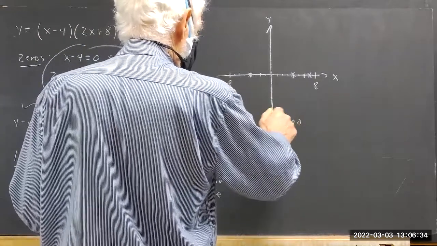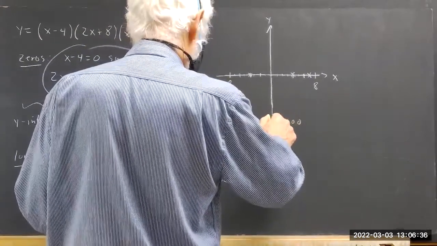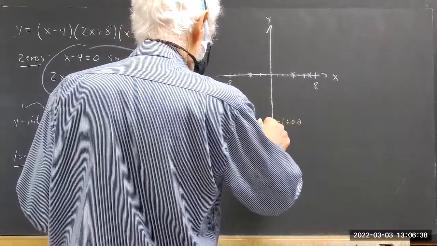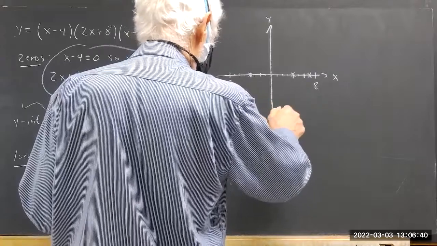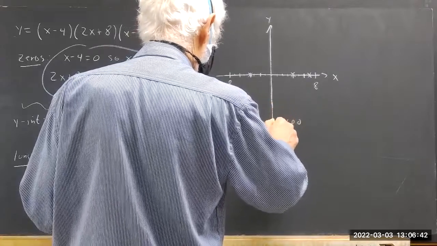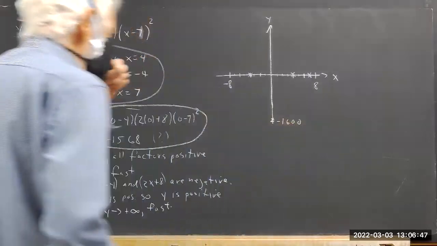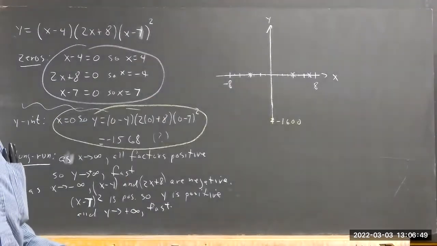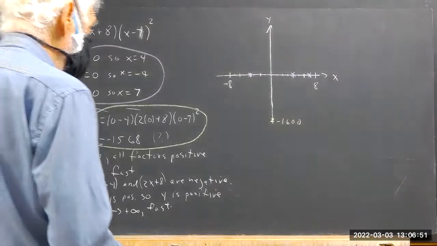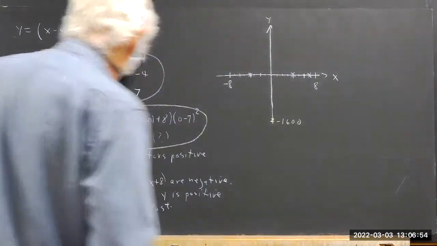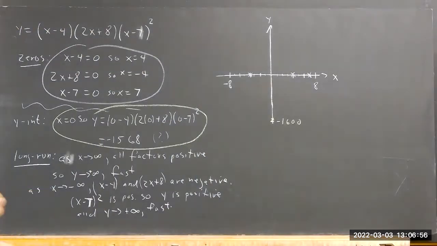Here's 800, here's 1,200, here's 1,400, here's 1,500. 1,568 is going to be really pretty close to -1,600, right? So there's our y-intercept again. To be complete, you ought to label 0, -1,568. I might label them, but I'm going to draw my graph first, so my labels don't get in the way.